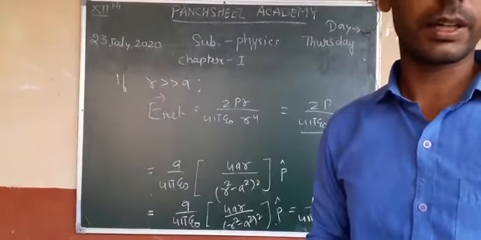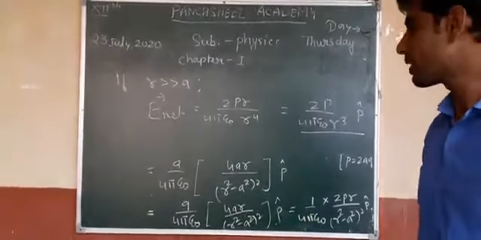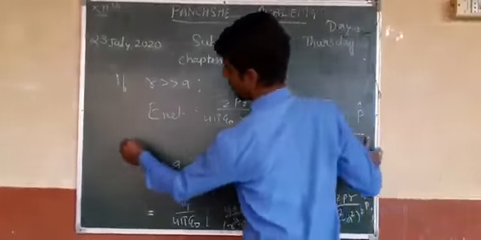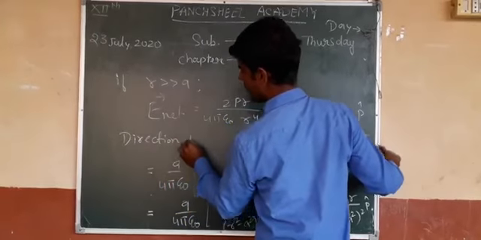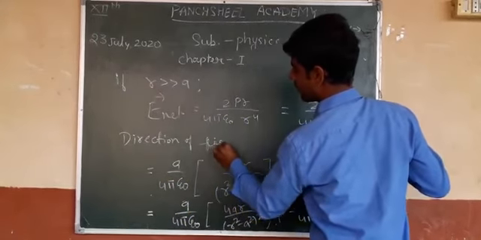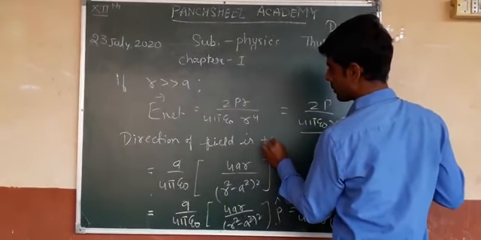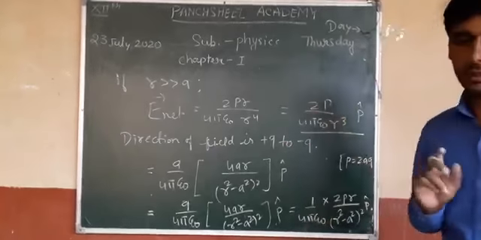The electric dipole is from minus q to plus q, and the direction of the field is plus q to minus q. Write this.